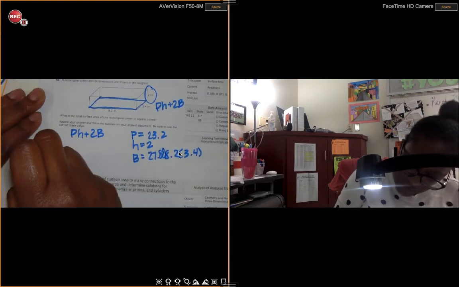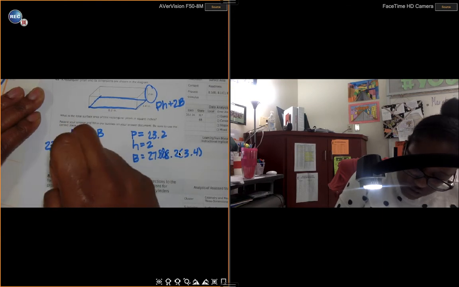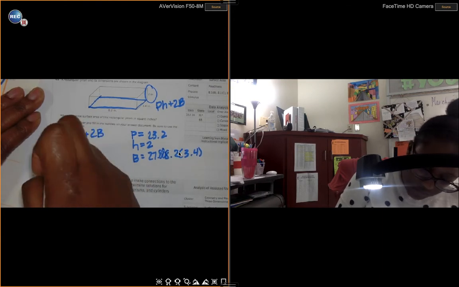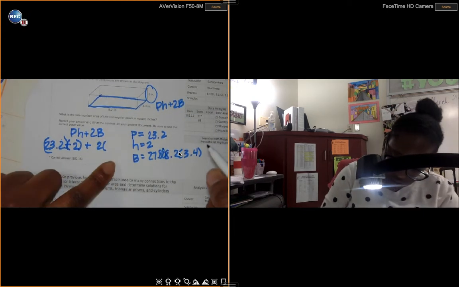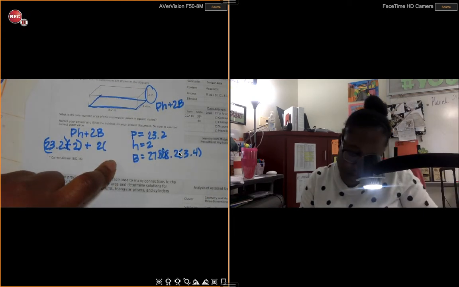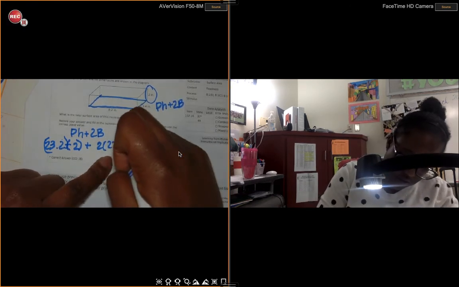So I have perimeter 23.2 times 2, plus 2 times our base, which is 27.88.